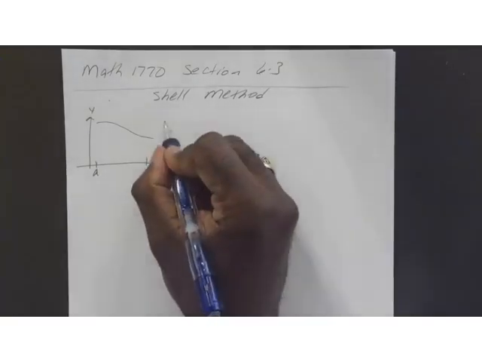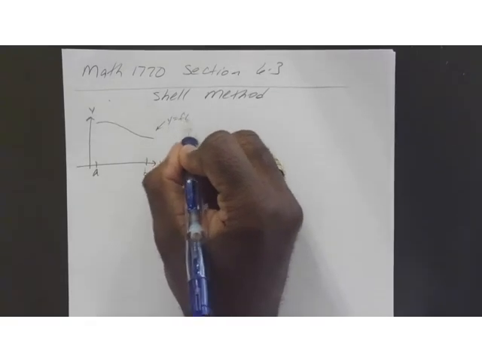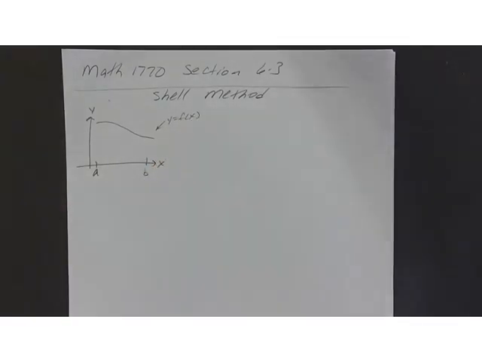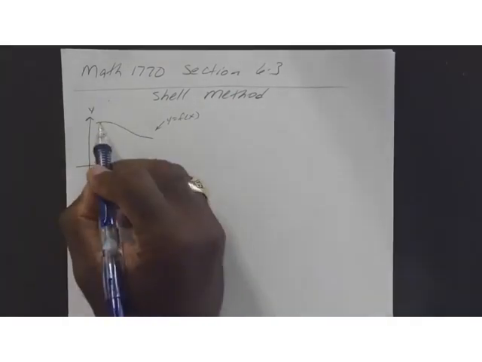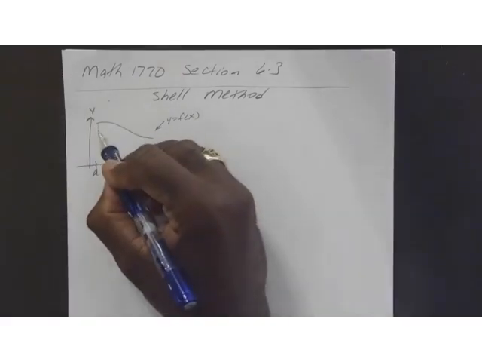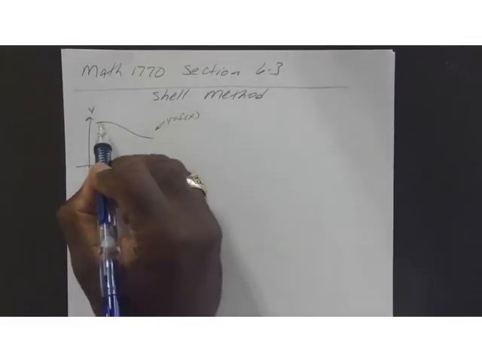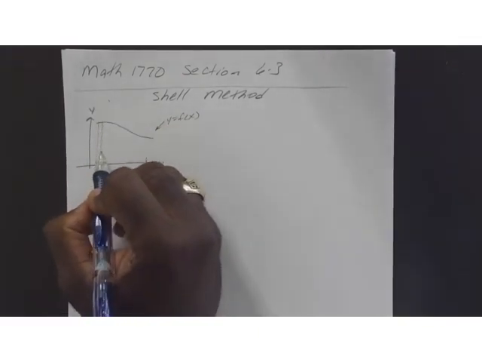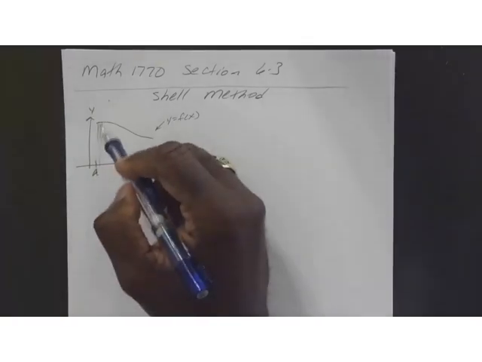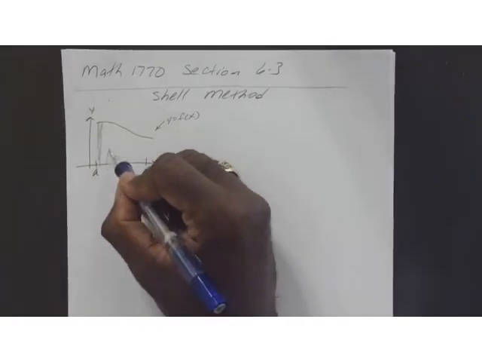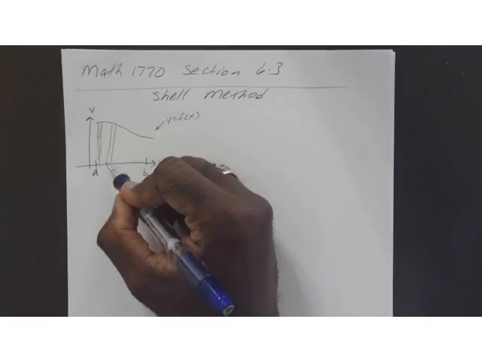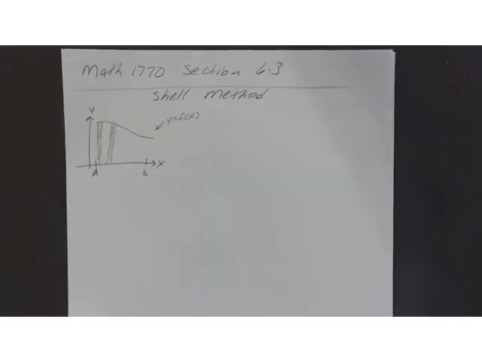This is our function y equals f of x. In that interval, we're just going to draw little random rectangles. The rectangles can be anywhere, at least for now.